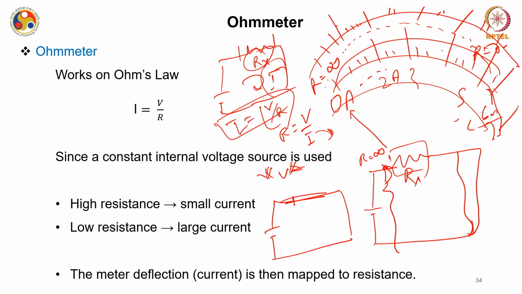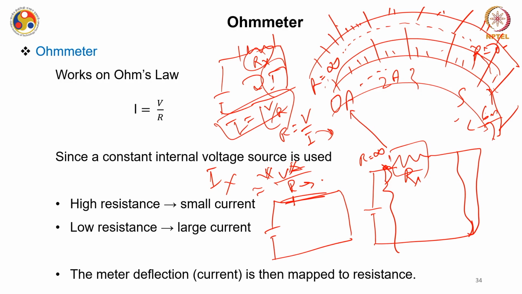Now say the resistance under measurement is very, very high, this R is very, very high, meaning that the current value it is measuring will be very small. And if the resistance is very low, or say there is no resistance, basically it is just a wire, meaning the whole of the current is flowing, this current is very, very large.